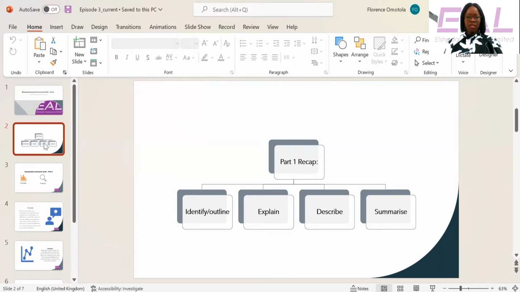For example, in the last video I used an example: if you're asked to identify reasons why people communicate, one of the reasons will be to share information with other people in society or in the workplace.